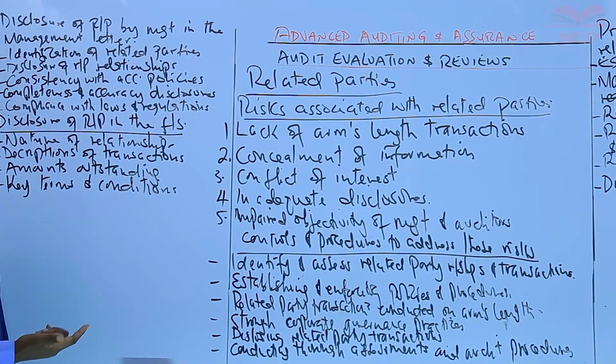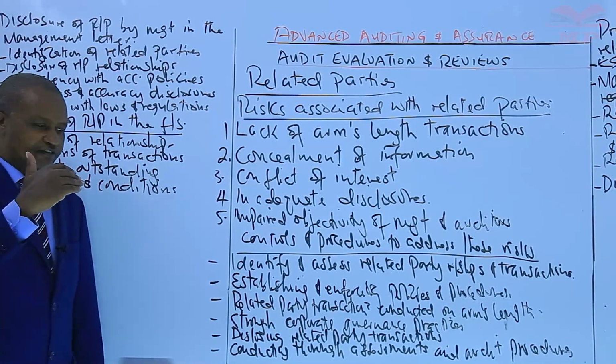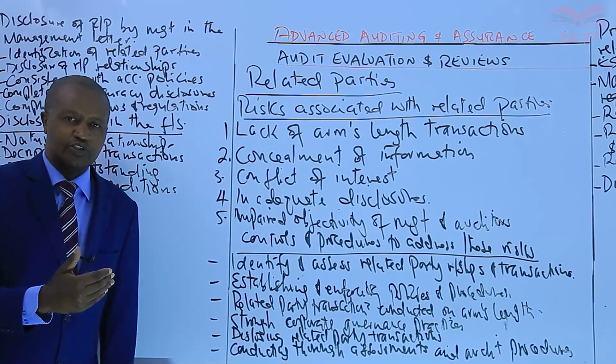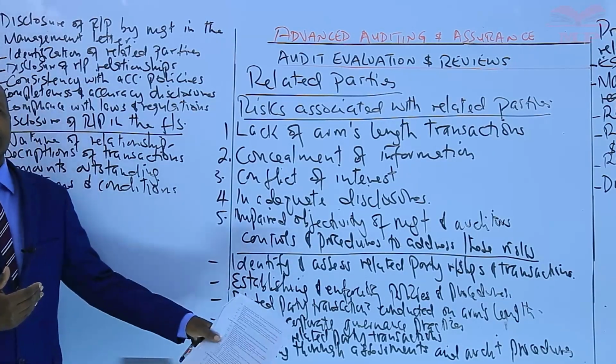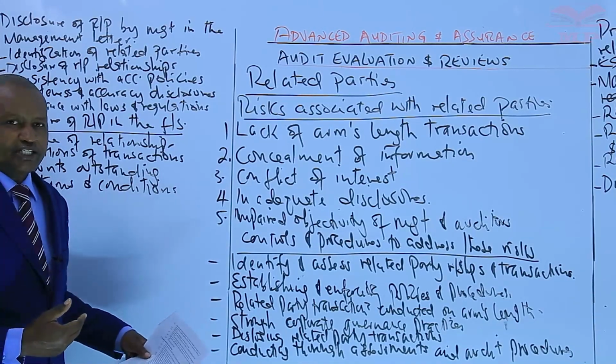So candidates, this means that you need to understand that related parties are firms or individuals or entities that transact business with the organization.